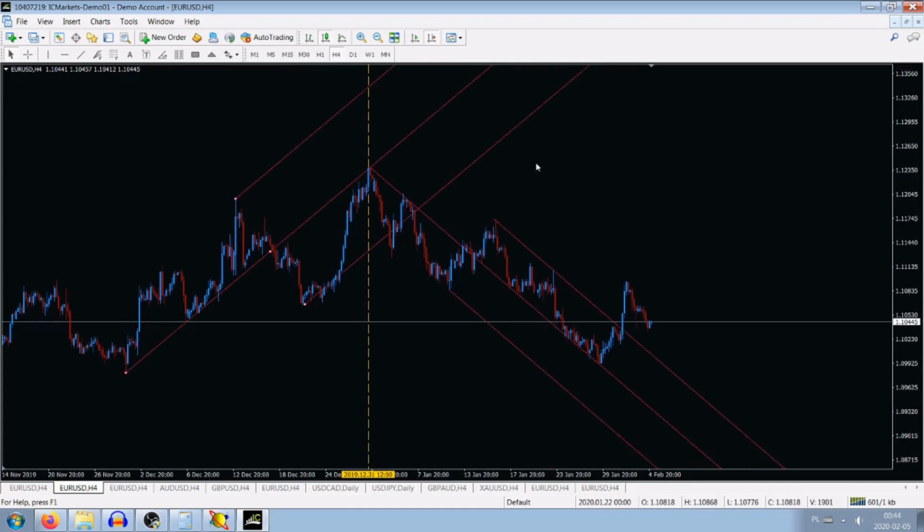As we see, the middle line is the line where the price always tries to come back. If it goes regularly up to the middle line and back, up and down, we got a stable rising or stable falling market.